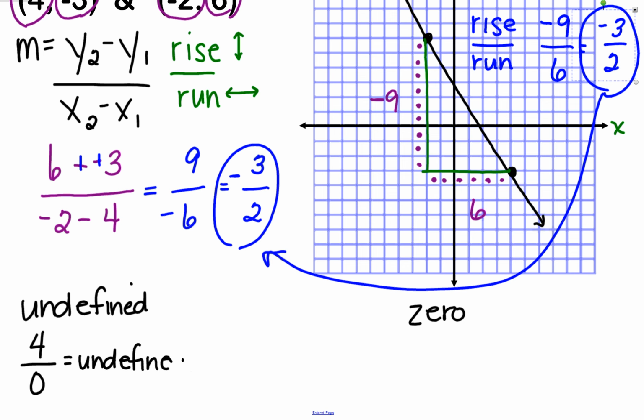It doesn't matter what number is in the numerator, anything would be undefined with a denominator of 0. And when I graph it, it would look something like this. My 0 slope would look something like 0 over 4, which when it is reduced gives me 0, and when I graph it, it would look like this. Be careful when you're reducing these. Make sure that an undefined slope has a 0 in the denominator and a 0 slope has a 0 in the numerator.